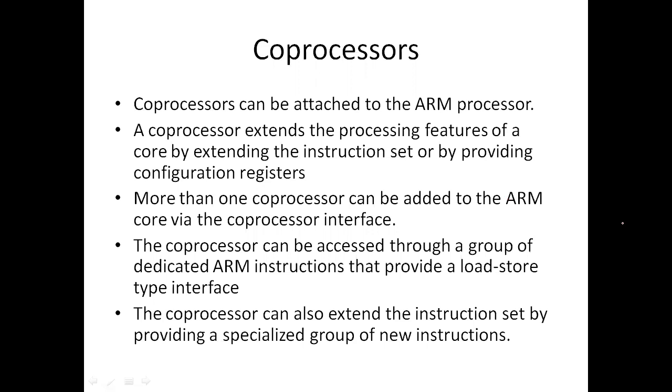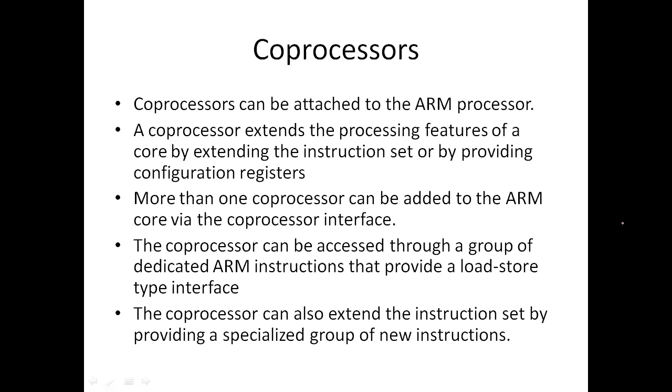As I told you, a coprocessor is another supporting processor that is connected to your ARM core. In order to improve the overall performance of your system, sometimes you require additional processors, so you can connect these coprocessors to your ARM processor. There are coprocessors numbered from 0 to 15, and you can have more than one coprocessor connected to your ARM core at a time.